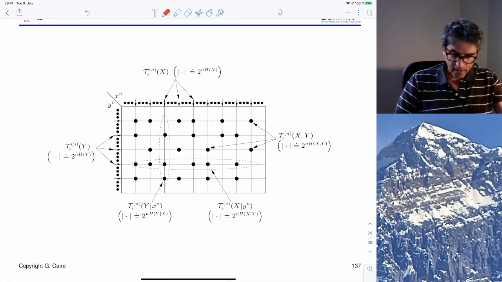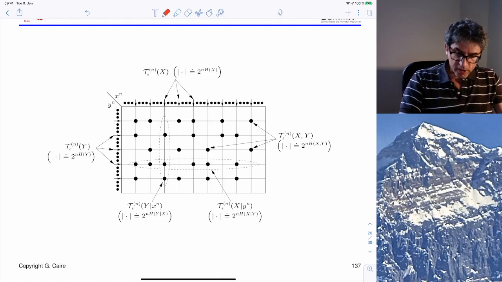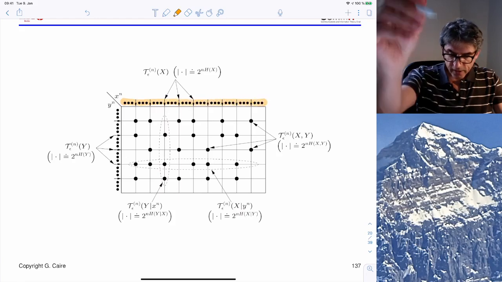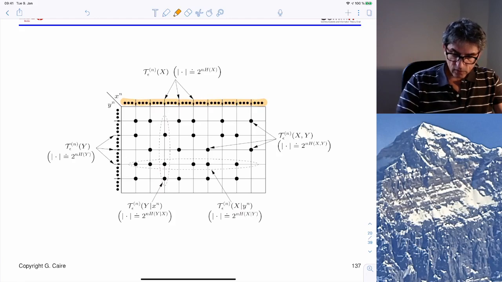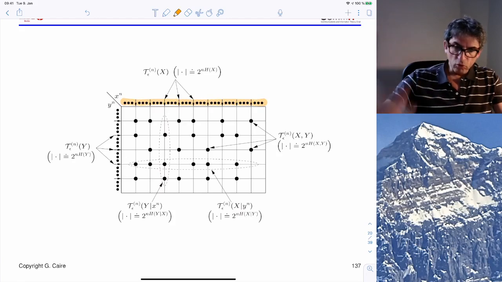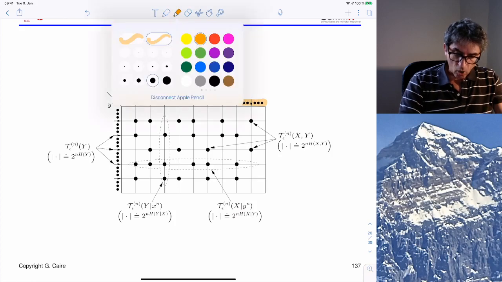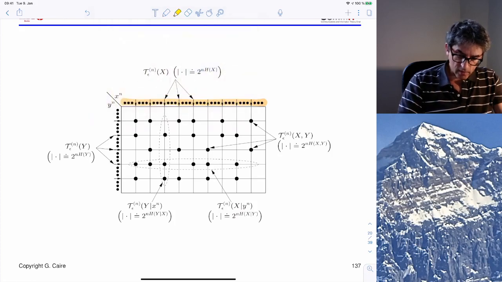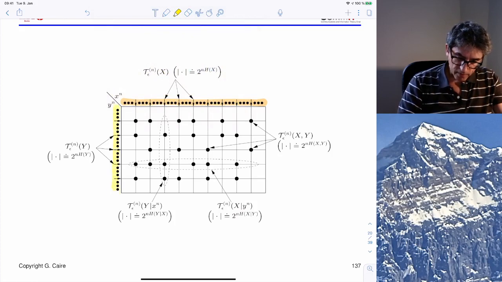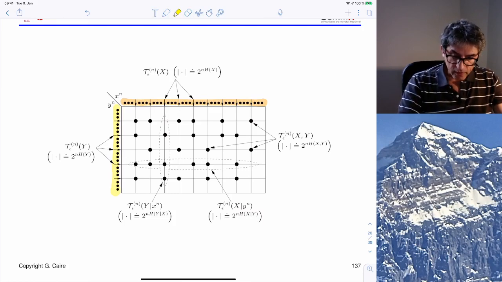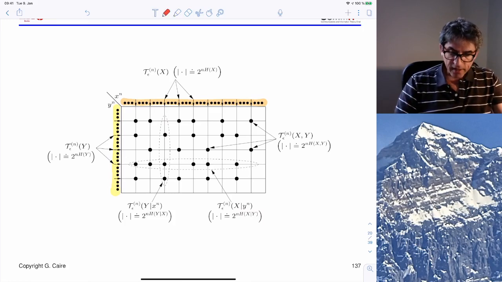Imagine that we take all possible sequences x and we list them like this in lexicographic order. Generally, there are 2 to the n log cardinality of the alphabet x sequences. And on the other side, we take all possible sequences y, and we put them here. Now, it turns out that only a few of these x's are individually typical.